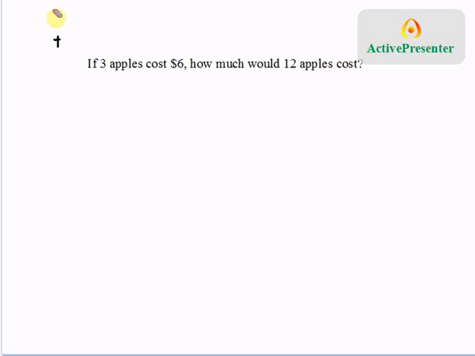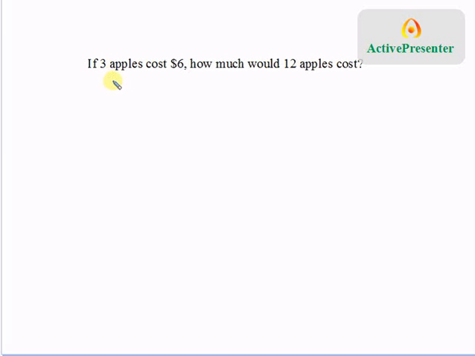Let's take that same idea and use it to solve some real-world problems. In this case, our question says, if we have 3 apples that cost $6, how much would 12 apples cost? Assuming that the same price applies. 3 apples cost 6. How much would 12 apples cost? So we're going to set up a proportion to solve this problem.